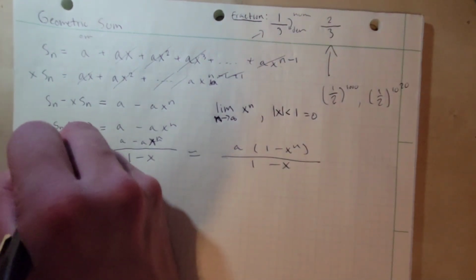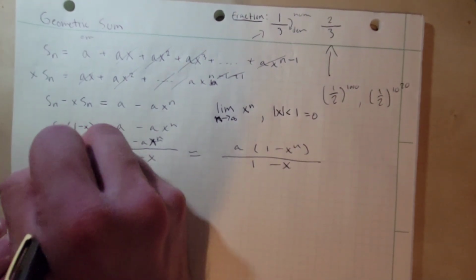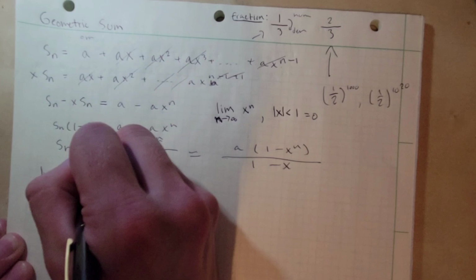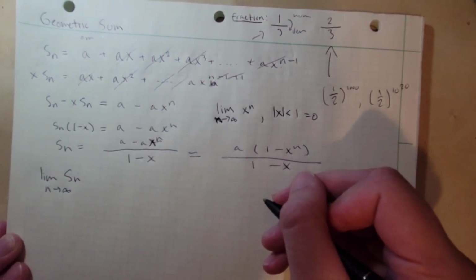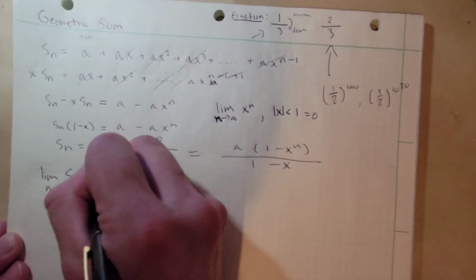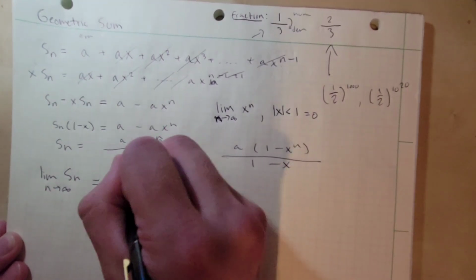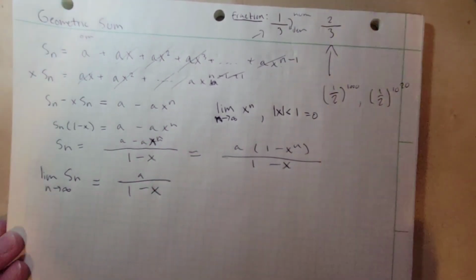So what we can say here is the limit as n goes to infinity of S sub n equals a over 1 minus x. This is a fundamental idea.